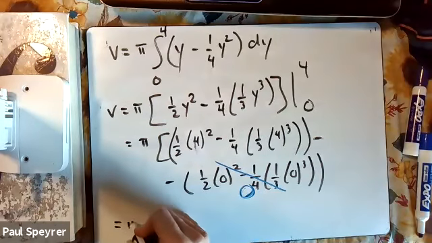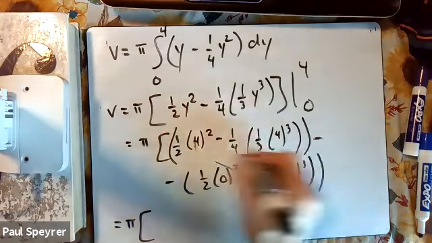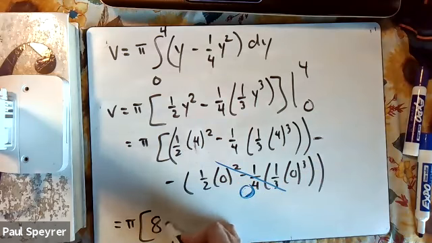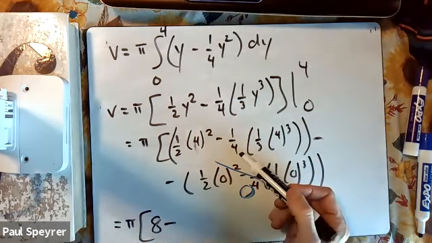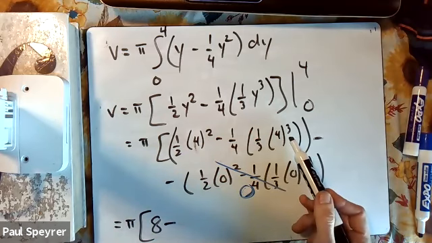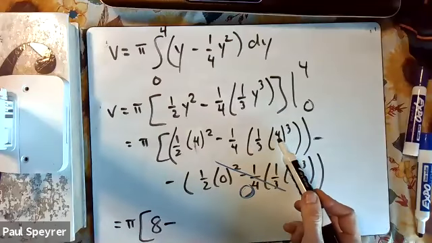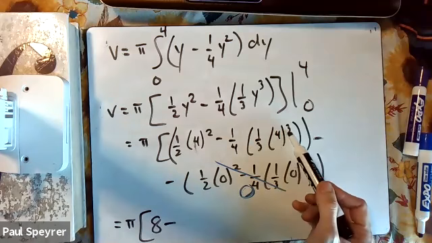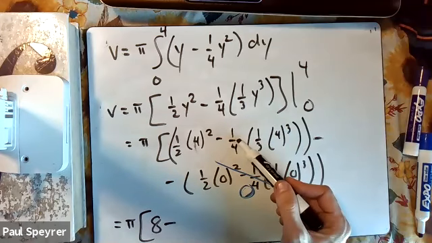What about this stuff? So 4 squared is 16, half of that is 8, minus, now right here you may be wondering, oh, why didn't I multiply the 4th then? Well, because I saw that this 4 would reduce with one of these 4s, right? You could have said, oh, 4 cubed is 64, 64 over 12. Or you could say, oh, look, there's a 64 up top, there's a 4 on the bottom.